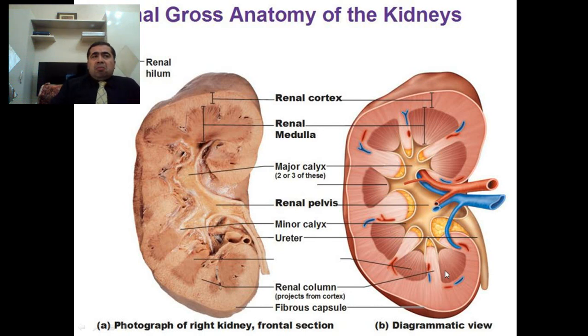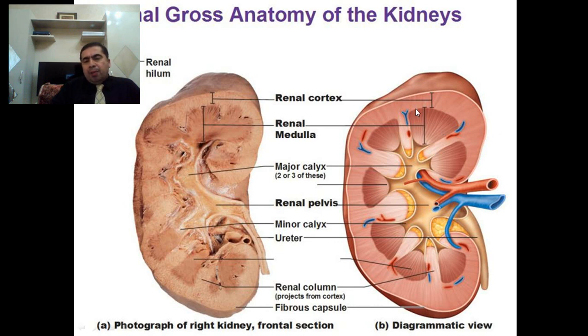These pyramids are 15 to 25 in number, and each pyramid is considered a renal lobe, and the space between the renal pyramids is filled by the interlobar arteries and interlobar veins.